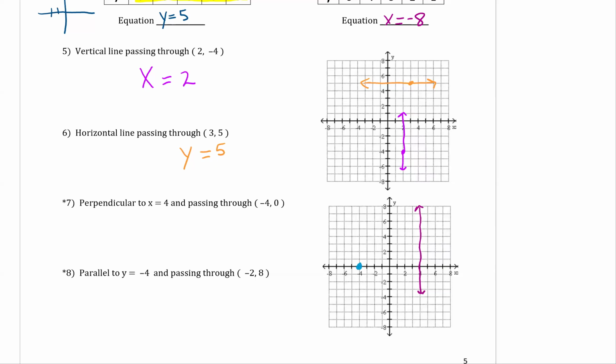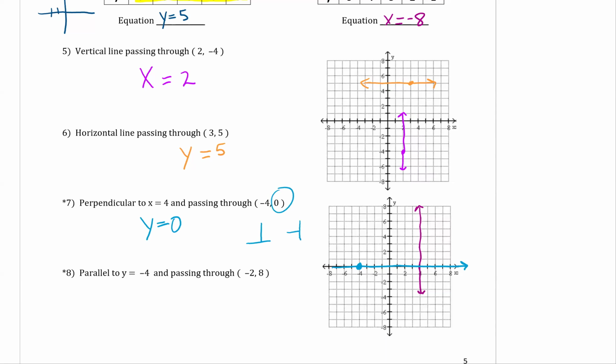So if we want a line going through the blue point that is perpendicular to x equals 4, perpendicular lines form right angles. A vertical line is perpendicular to a horizontal line. So what I just drew in blue would be the line. Well, what is the equation of that line? That's a horizontal line, which is y equals, and y is equal to the y value of the point. So again, perpendicular lines form right angles. So vertical and horizontal lines are perpendicular.